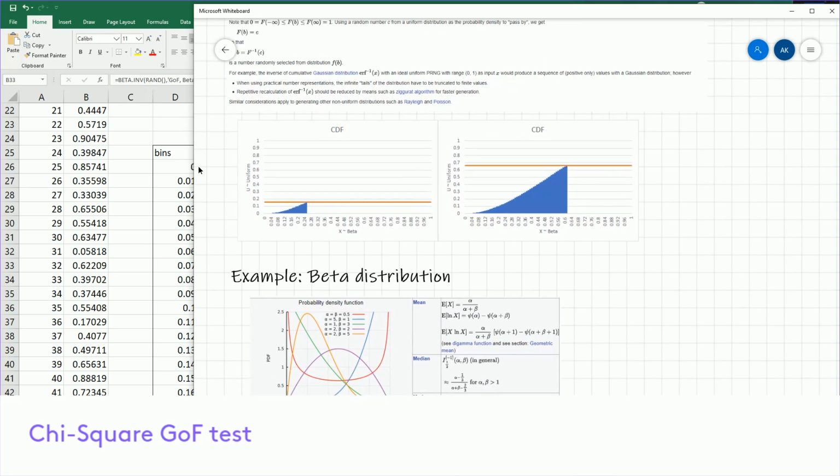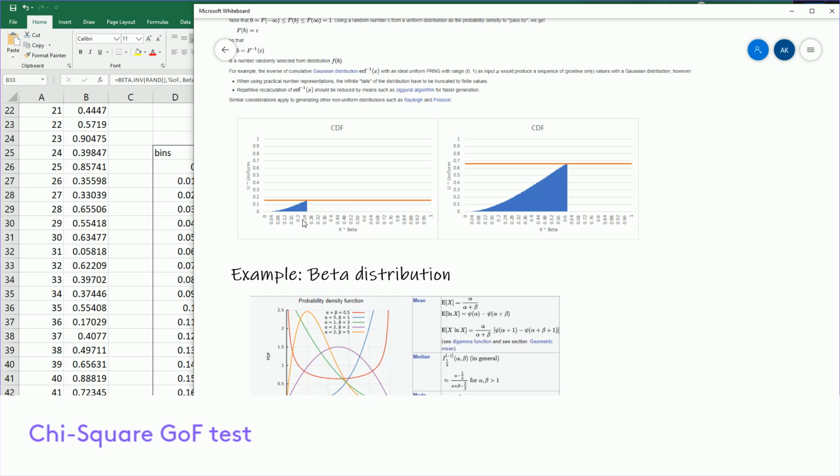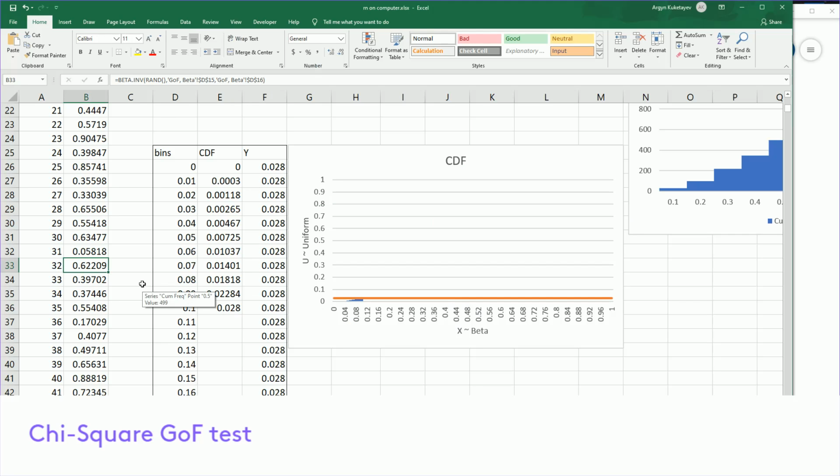So the idea again is, if on the x-axis you have a beta distribution, and then you plug these beta numbers into the CDF, the CDF output will be on the y-axis, and these would be uniform random numbers. So let's have a very quick example.